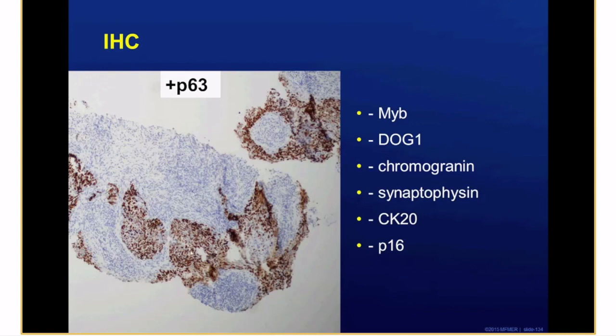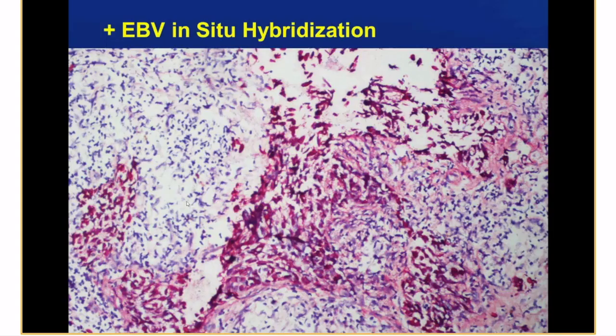And with the sprinkled lymphoid cells, with that morphology, I decided to perform EBV in situ hybridization. EBV in situ hybridization was strongly and diffusely positive. So is that a metastatic nasopharyngeal carcinoma to the neck? Could that be?